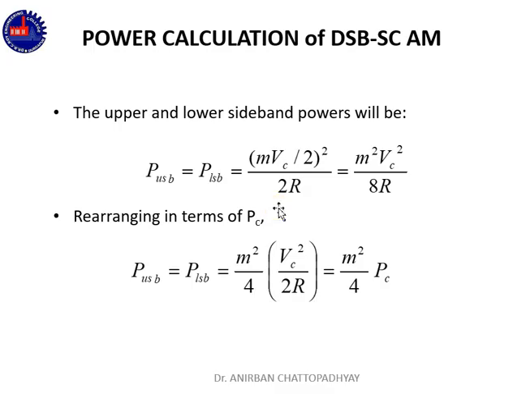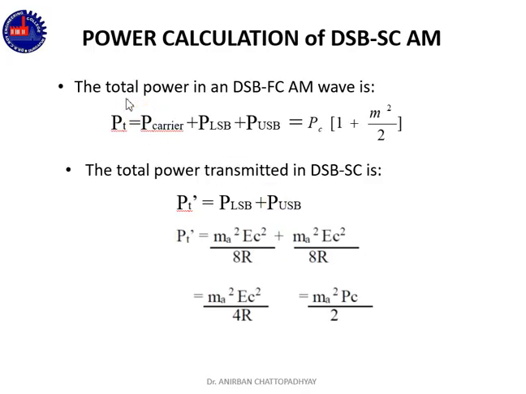Now if we want to determine the power of conventional AM, we know that this conventional AM signal consists of three frequency components, that is P carrier, P USB and P LSB. So we will get this mathematical equation: PT, the total power of DSBFC or conventional AM, will be Pc into (1 + m square by 2).